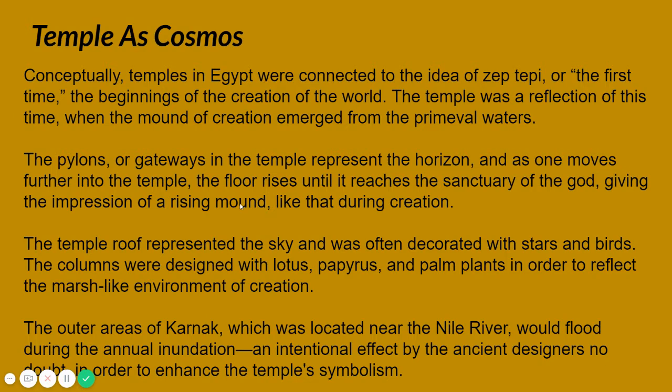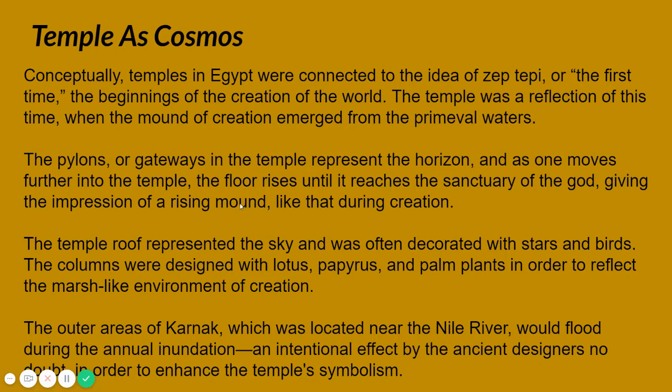And knowing that the Nile would flood during the same time of an annual inundation, during that time waters would rise, and even the Temple of Amun-Re would flood. But that was on purpose.